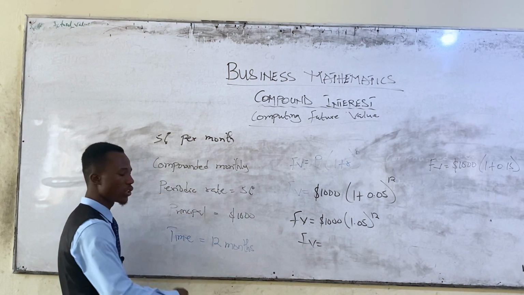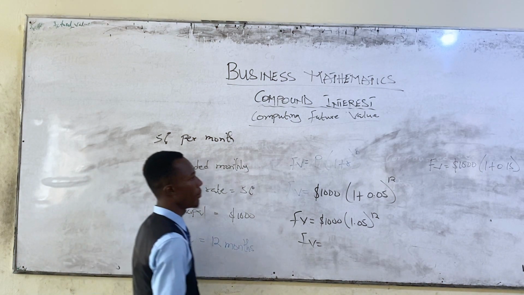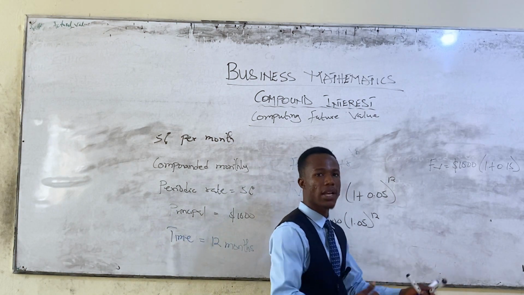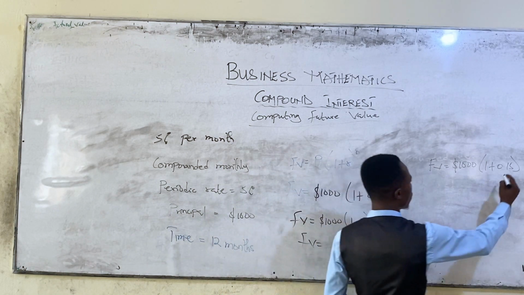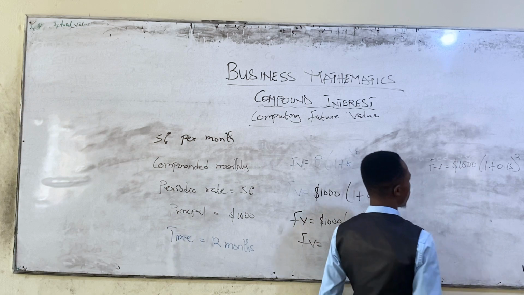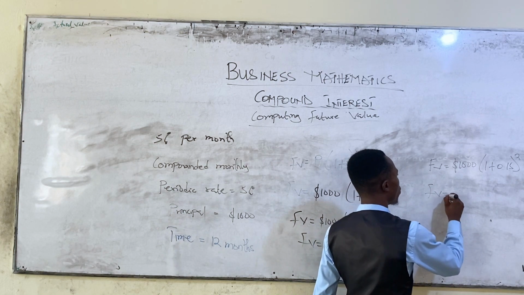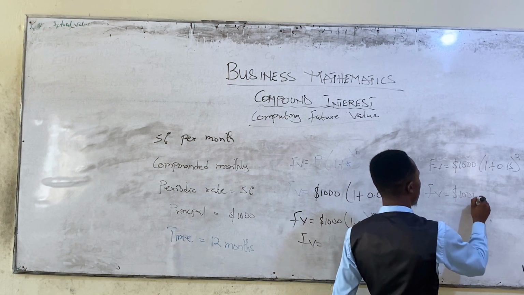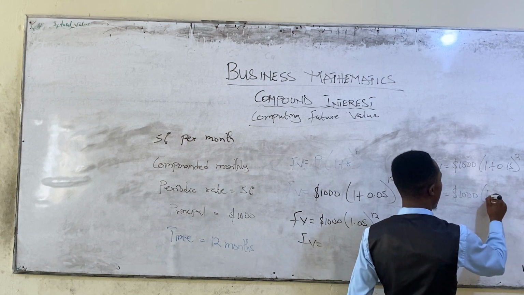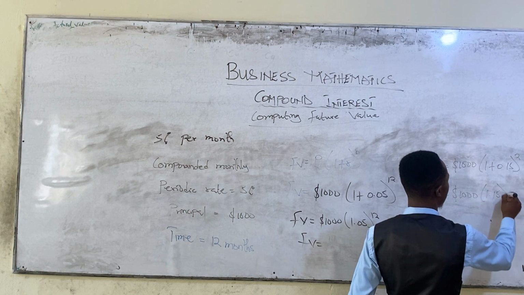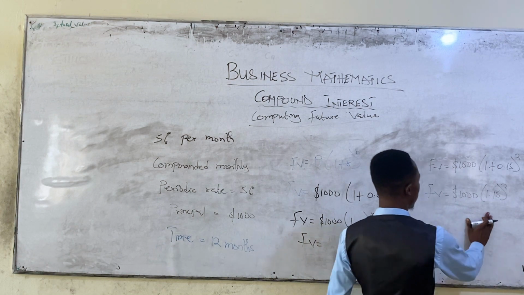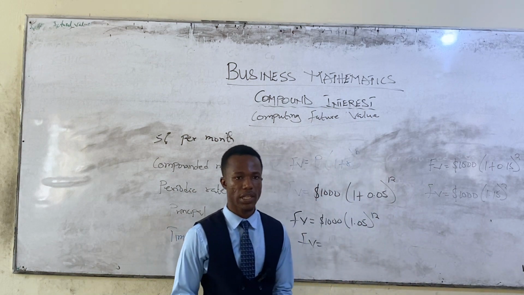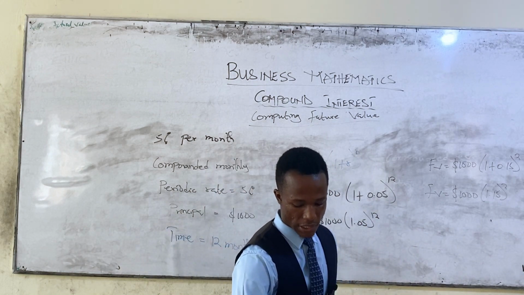That is why we said 12 times in a year. But then here they are compounding it semi-annually, 2 times in a year. So we just bring 2 here. Okay. So you have future value equals $1,000 into brackets 1.15, then exponent 2. You input this in the calculator, then you provide the final answer.